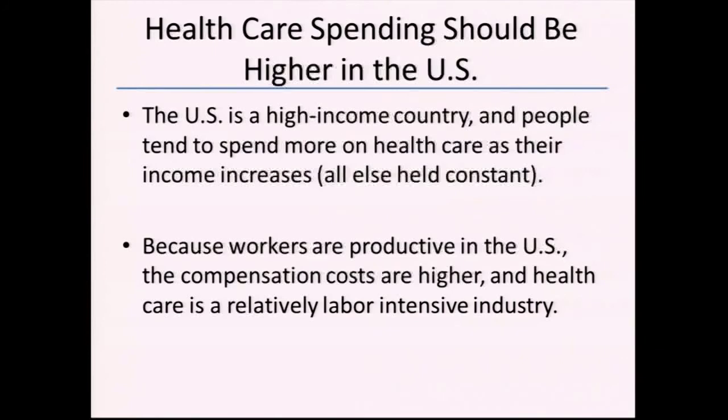As you become wealthier, healthcare becomes more important to many people, and they tend to spend a higher proportion of their budget. This is holding other factors constant, such as your health status. Economists call it a normal good, or you can think of it as a luxury good. It's something that we want more of as we become higher income. So because the U.S. is a higher income country, we would naturally spend more on healthcare than other countries.